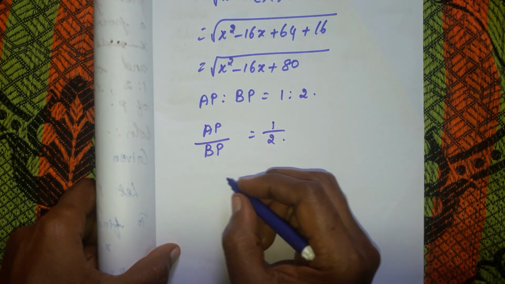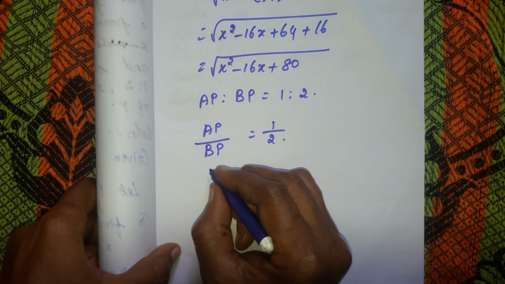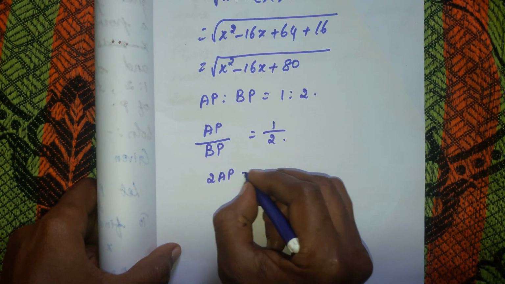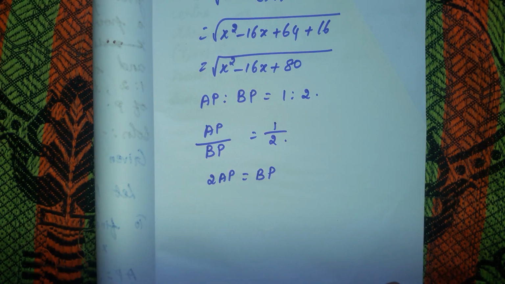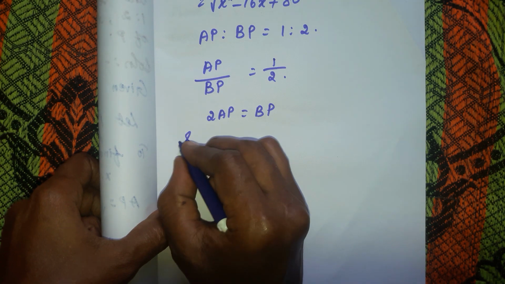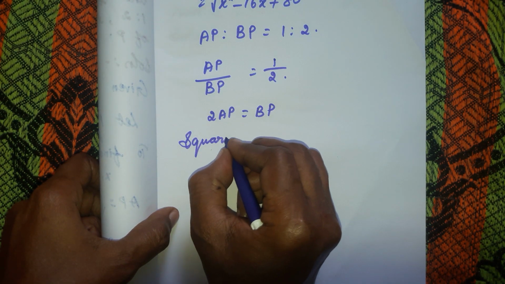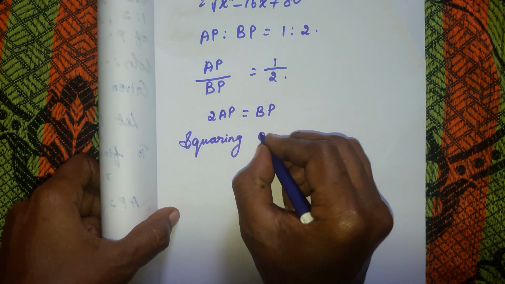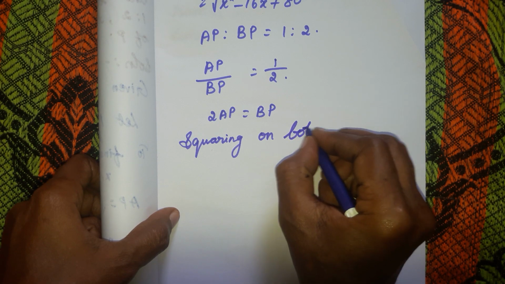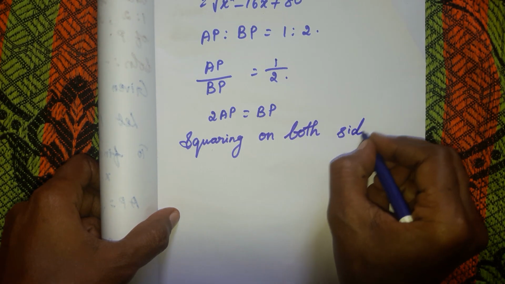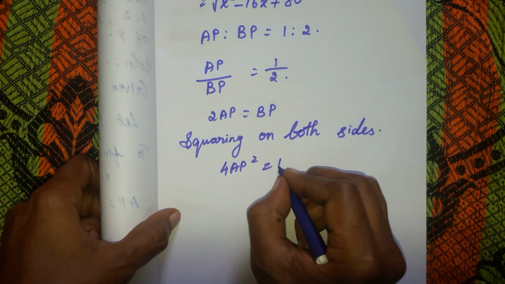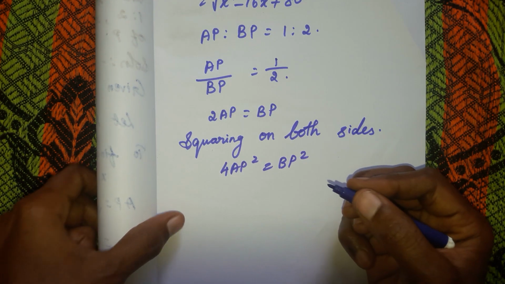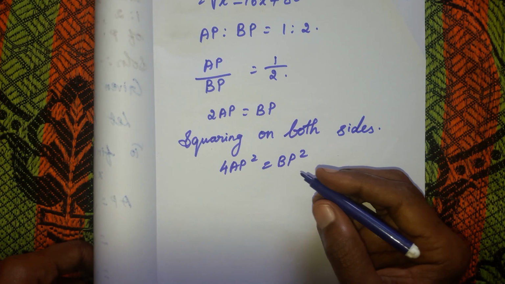When we are cross multiplying, what will we get? 2AP is equal to BP. Squaring on both sides, what we are getting? 4AP square is equal to BP square.